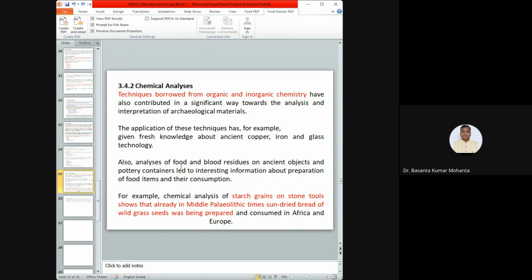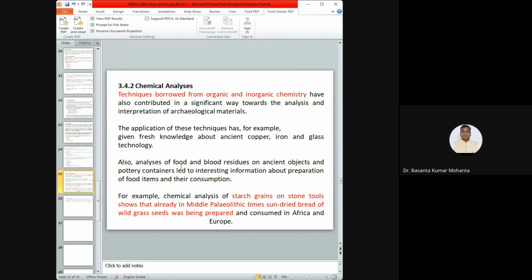So this traditional knowledge system, traditional technology, how these are continuing from that time, how they evolved, how they were introduced, and how those techniques are helpful. That helps us to understand the technological development.